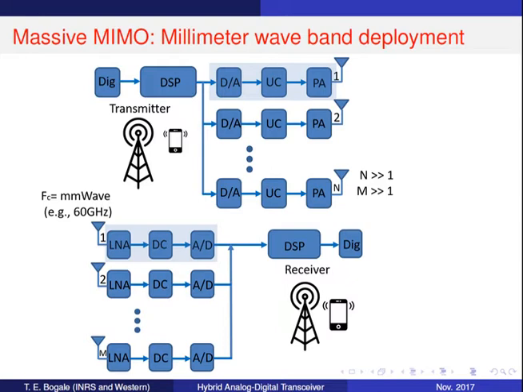In fact, in this architecture, we need to have a separate power amplifier, up converter and digital to analog converter for each antenna at the transmitter side, and a separate low noise amplifier, down converter and analog to digital converter for each antenna at the receiver side.